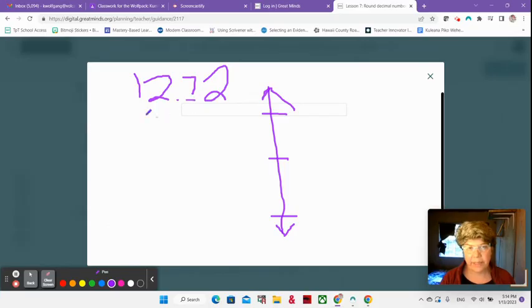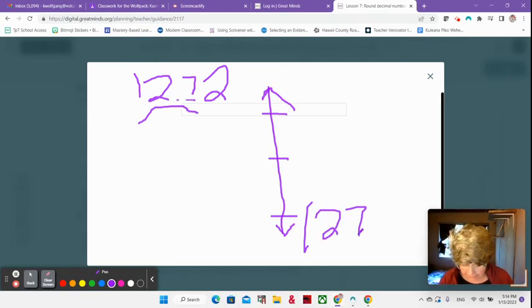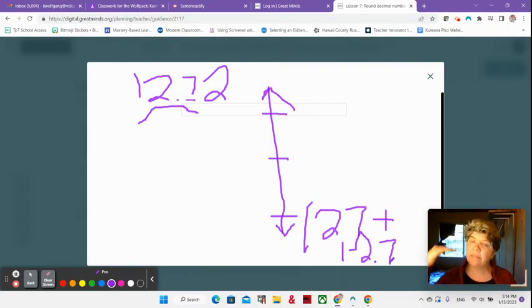So I'm looking at my tenths, and I'm thinking, well, here I have 127 tenths, right? 127 tenths, which is also the same as 12 and 7/10. And then I think of my next tenths up. That would be 12 and 8/10. And if I'm thinking about unit form, that would be 128 tenths.